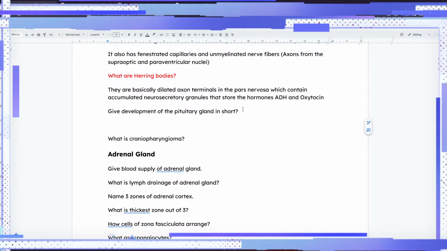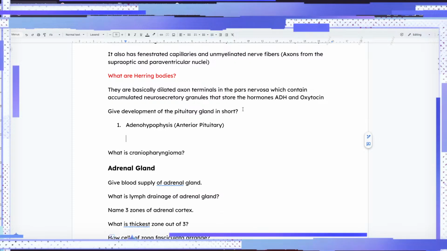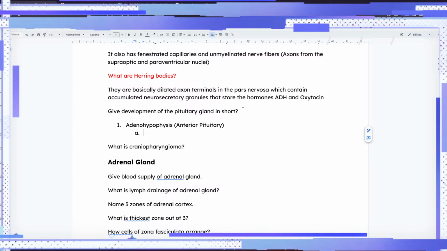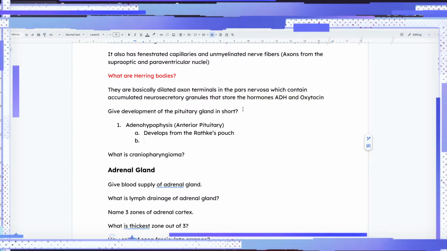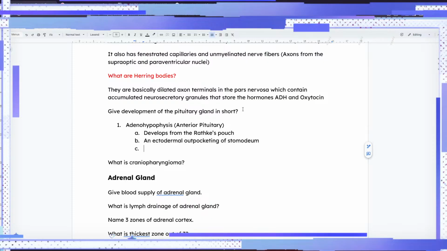Anyhow, how is the pituitary gland formed? There are two sources. In short, there's the adenohypophysis in the anterior pituitary. It develops from Rathke's pouch, an ectodermal outpocketing of the stomodeum.